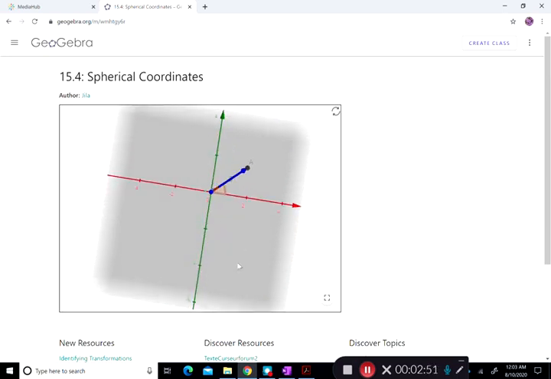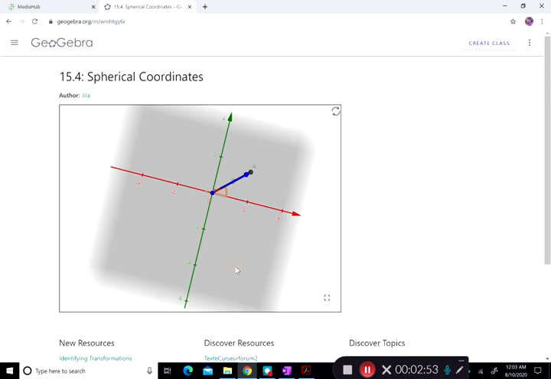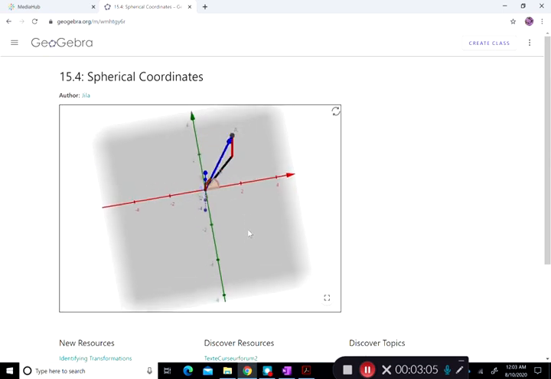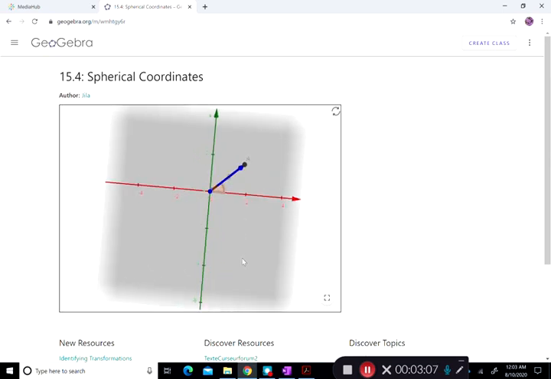So again, if you look from above, as z is perpendicular to the view, you can see that theta is the angle that we normally talk about in polar coordinates.